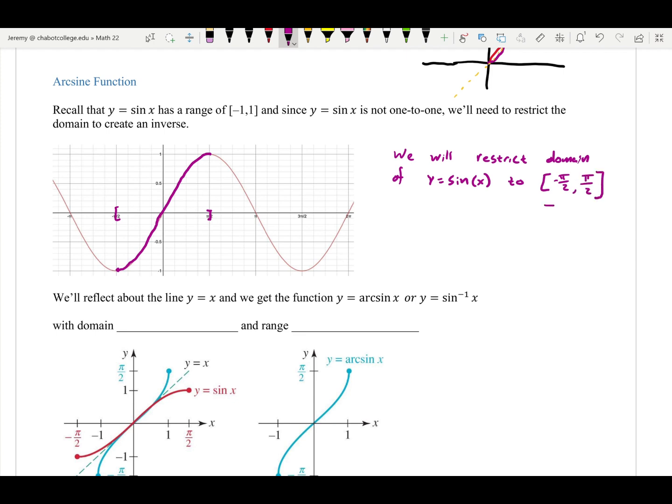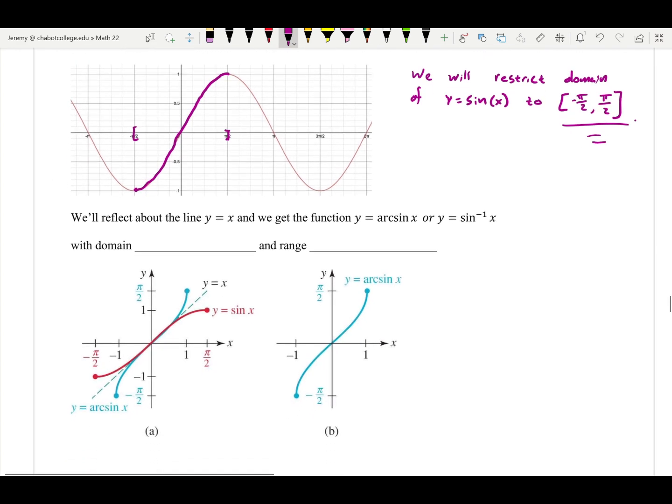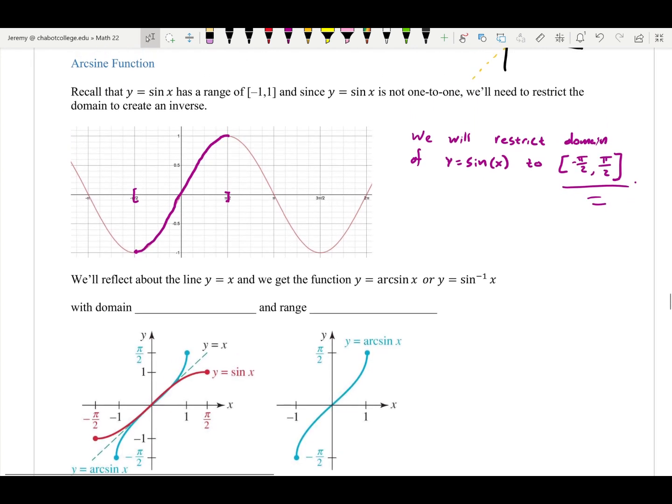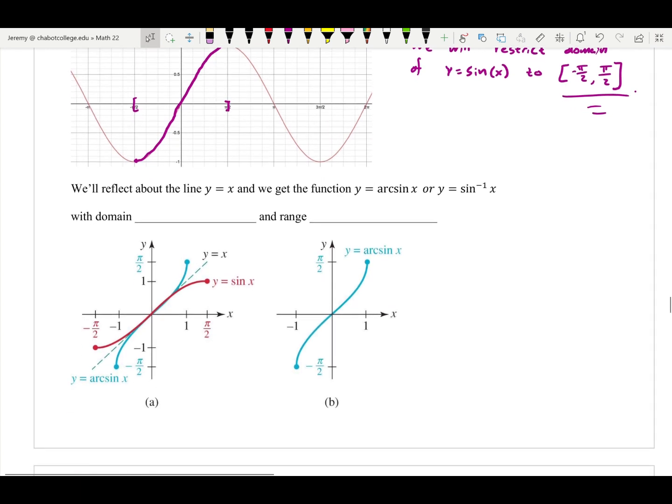And I'll use brackets there because we'll include those endpoints in that domain. Okay, and now that we have a sine function which is 1 to 1, we can reflect this over the line y equals x, and we'll get a graph and define this function y equals sine inverse of x.